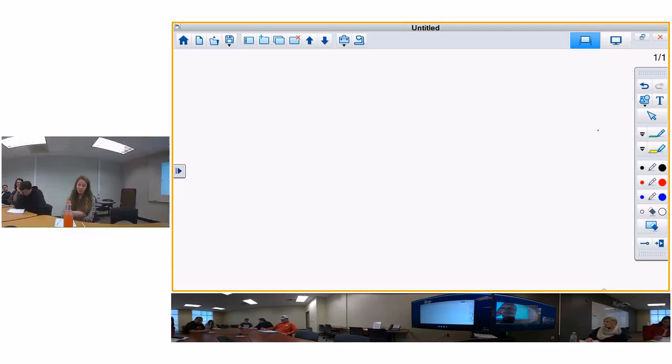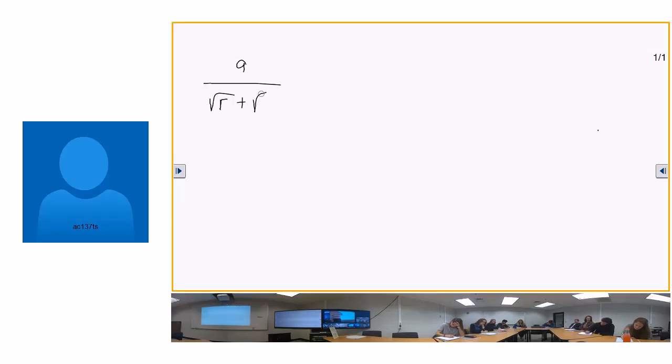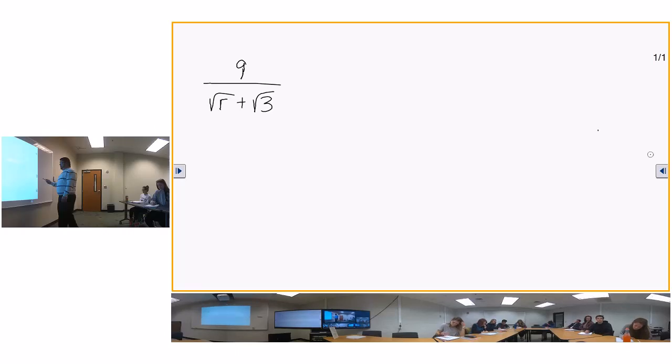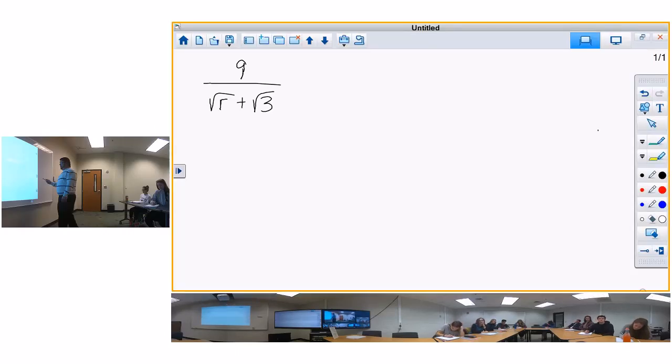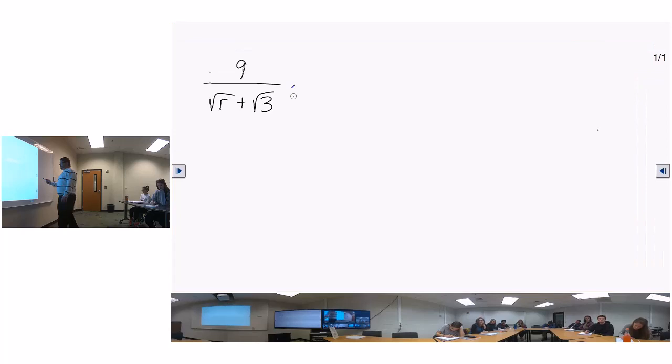Okay, so this is a test question. If I could give you one like this on the test, I'm going to give it to you. So I want to multiply by the conjugate, the square root of r minus the square root of 3, over the square root of r minus the square root of 3.